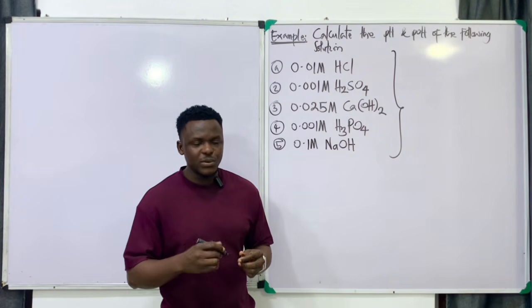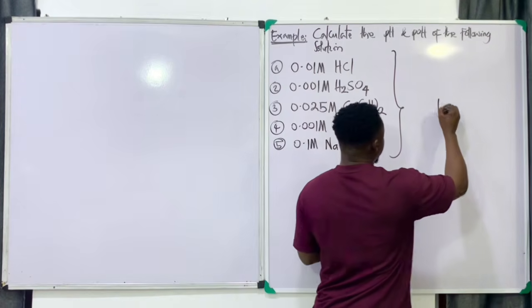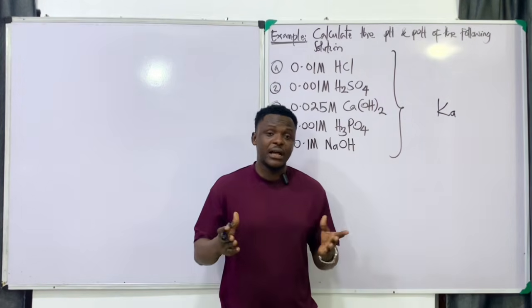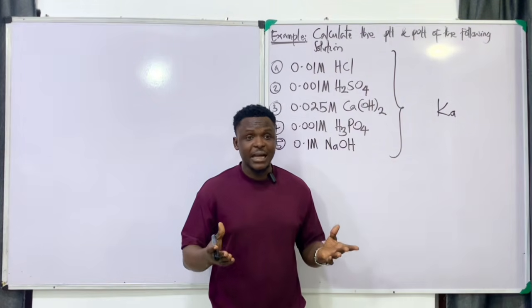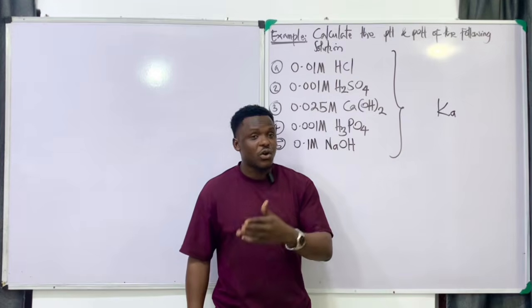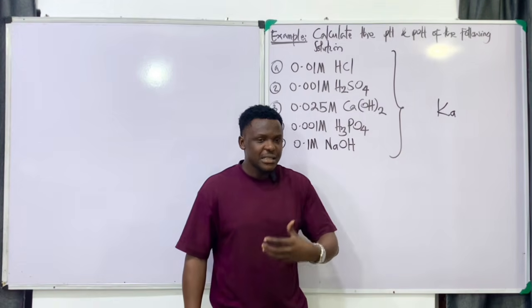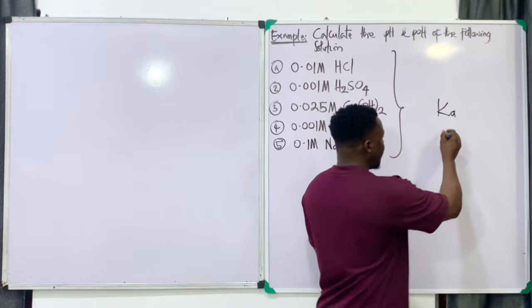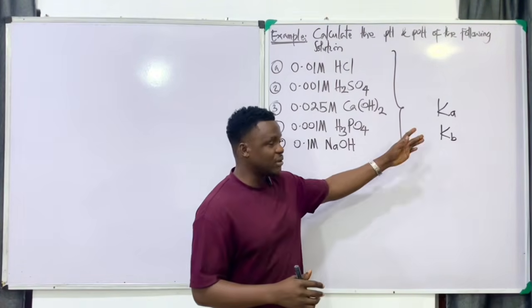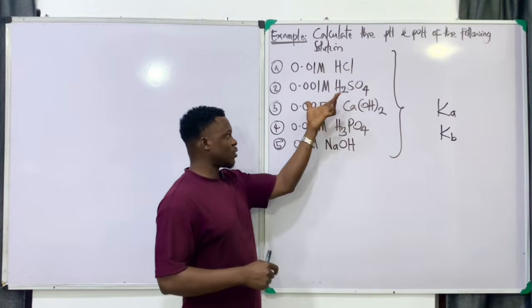A weak acid will always have a Ka value. Anytime you're asked to solve for the pH of a particular substance, be it an acid, and you see Ka, Ka simply means acid dissociation constant. That means that acid is a weak acid. If it's a weak base, they will give you Kb. In the next section, we're going to talk about this briefly. So let's just come back to this.